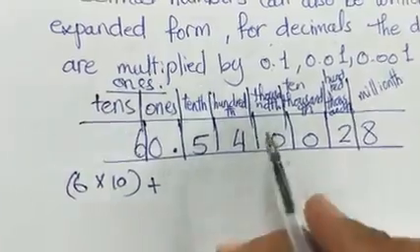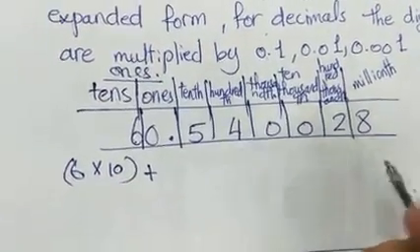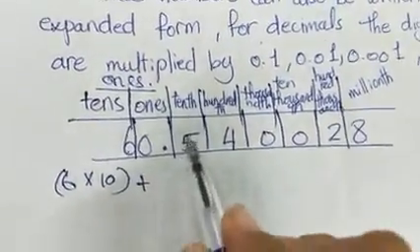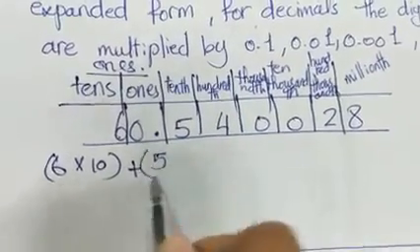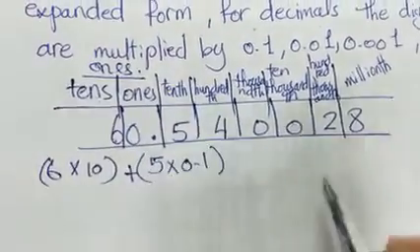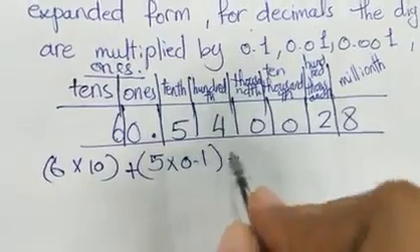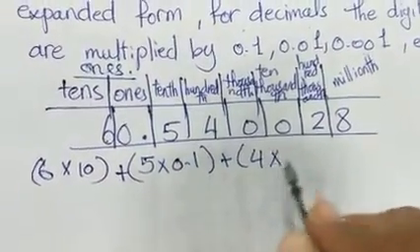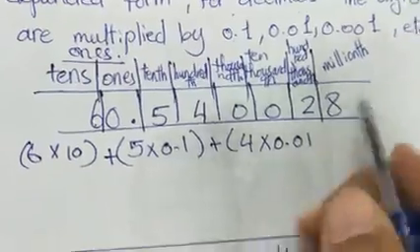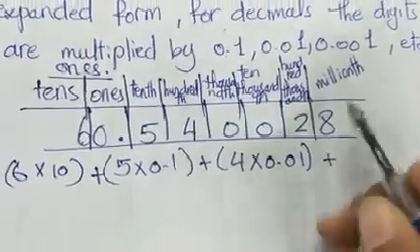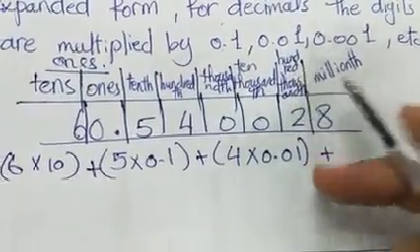Of course I won't type the 0 because it's useless. Then I have the 5 in the tenths, 5 times 0.1. Then I have 4 in the hundredths, 4 times 0.01, plus 2 in the hundred-thousandths.